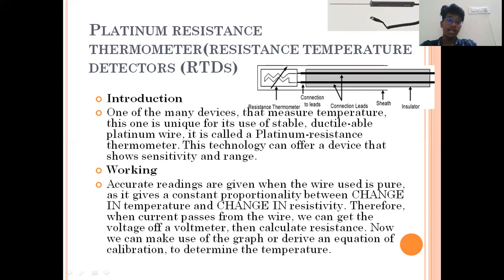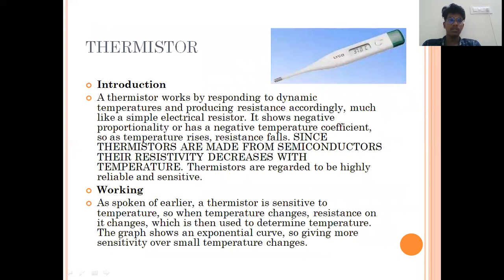In the working of an RTD, accurate readings are given when the wire is pure, as it gives a constant proportionality between the change in temperature and the change in resistivity. Therefore, when current passes through, we can get the voltage from a voltmeter and then calculate the resistance. Now we can make a graph of a derived equation for calibration and determination of temperature.